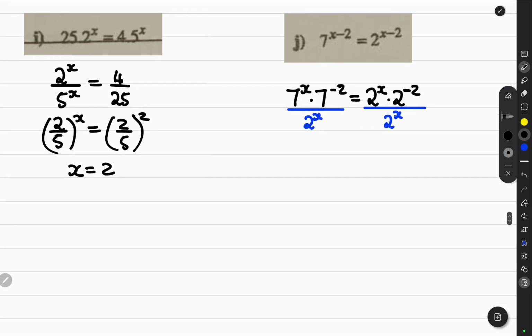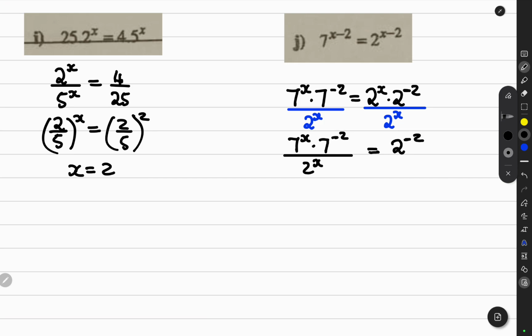And now we're going to have 7 to the power x dot 7 to the power negative 2 all over 2 to the power x equals 2 to the power negative 2.